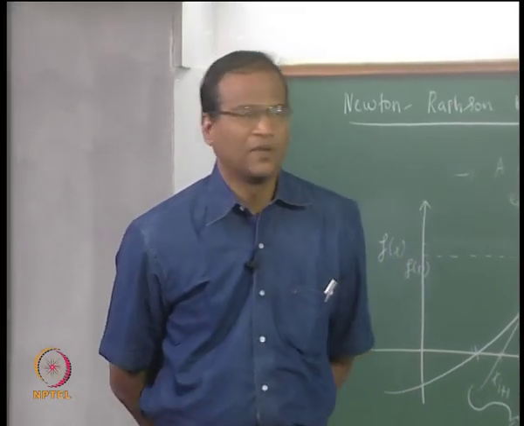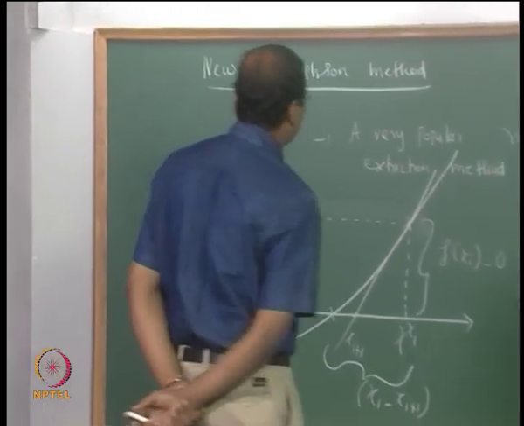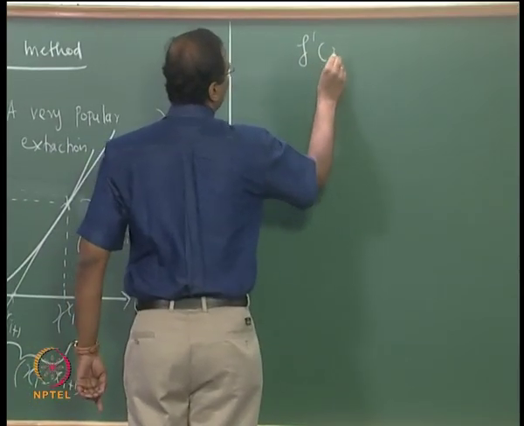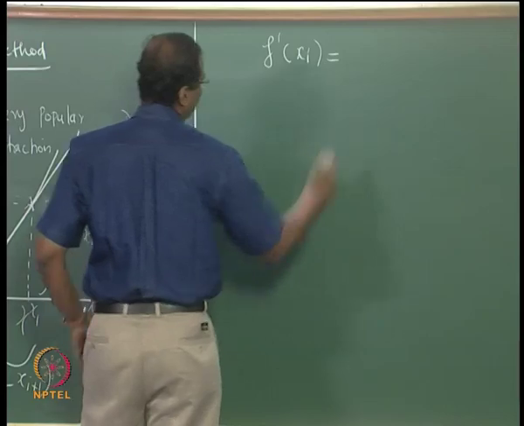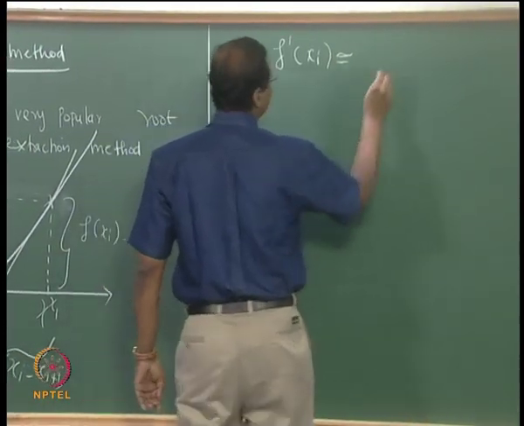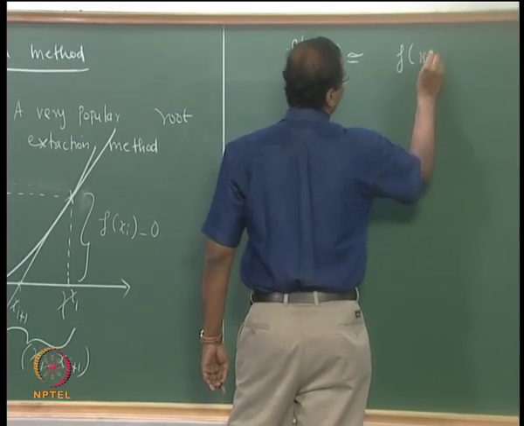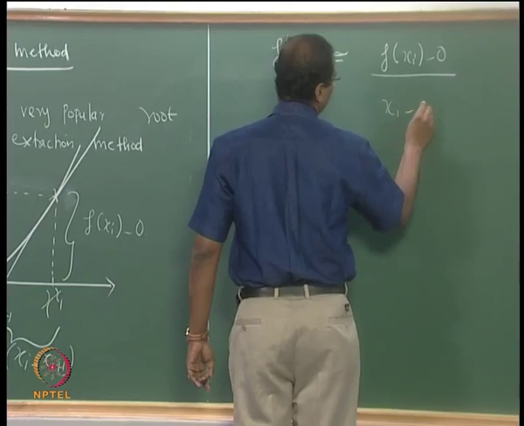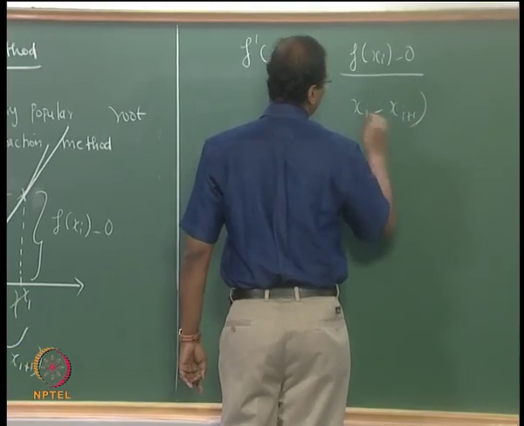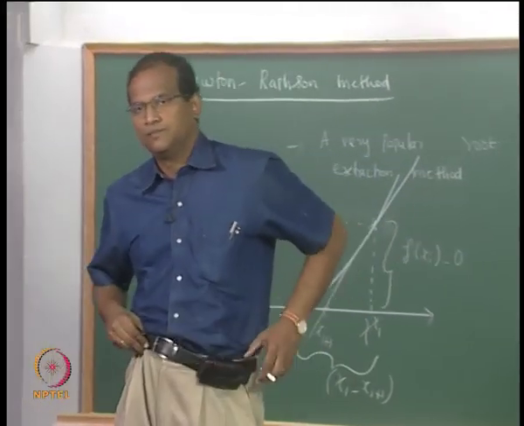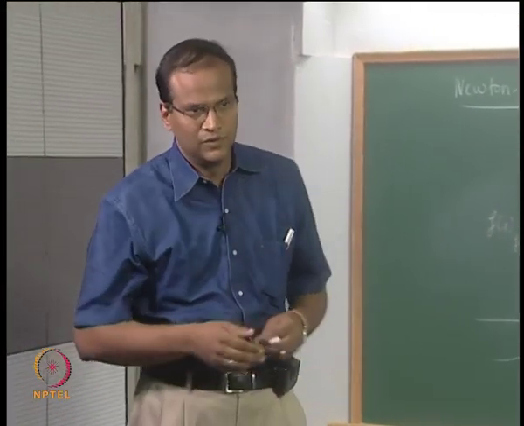All right. Now, what is the algorithm? F dash of xi is approximately equal to f of xi minus 0 divided by xi minus xi plus 1, right.